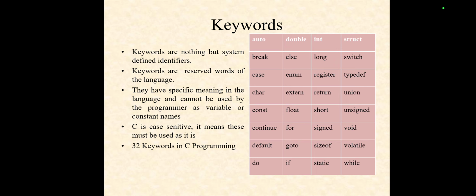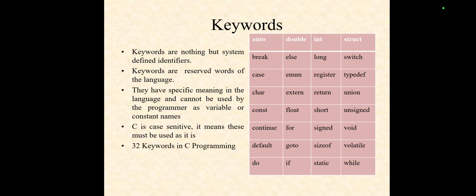C is case sensitive, which means these must be used as they are. There are 32 keywords in C programming, which are shown in this table: auto, double, int, struct, break, else, long, switch, case, enum, register, typedef, char, extern, return, union, const, float, short, unsigned, continue, for, signed, void, default, goto, sizeof, volatile, do, if, static, while.